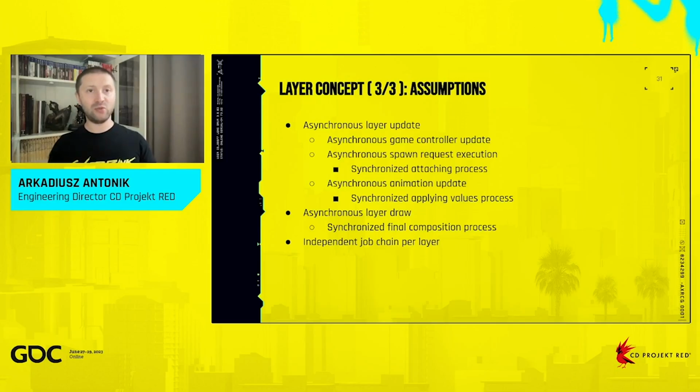It is because of the fundamental design assumptions for the UI layer that you see right now. Based on these design principles, we were able to parallelize UI as much as possible, to shorten the execution time using only a few sync points. Using our internal job system, we were able to schedule, plan a chain of execution, and then execute all necessary logic on as many threads as possible.